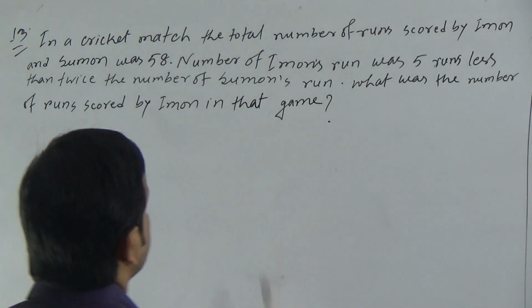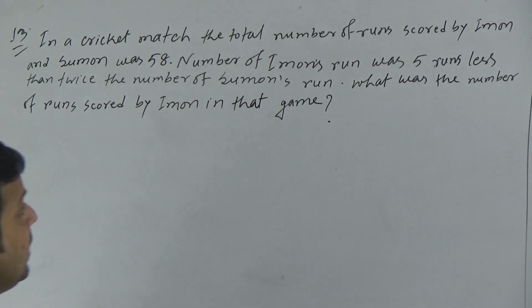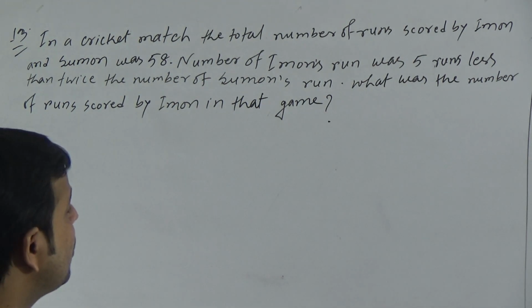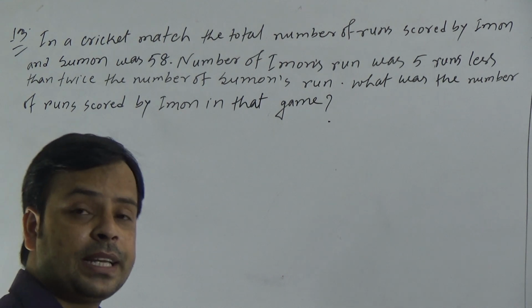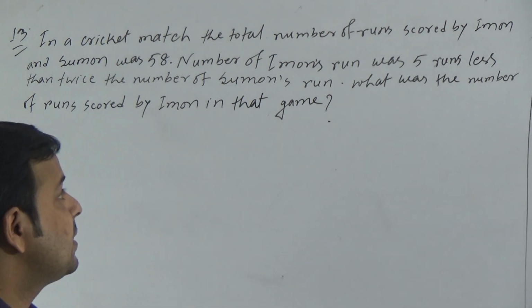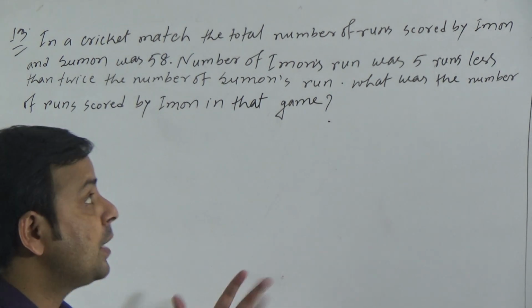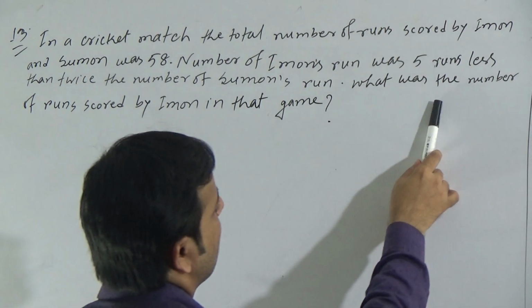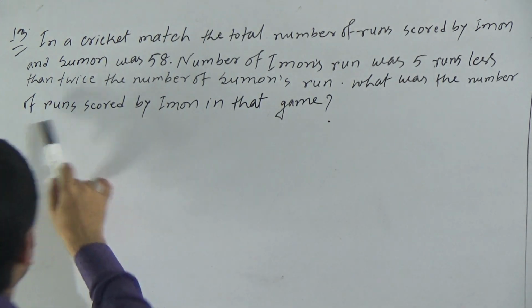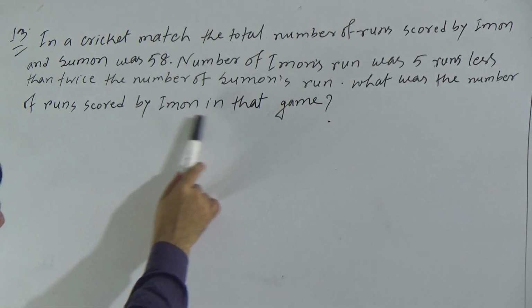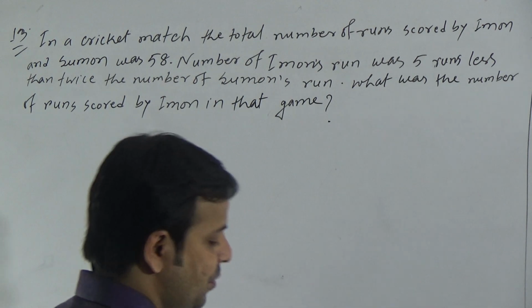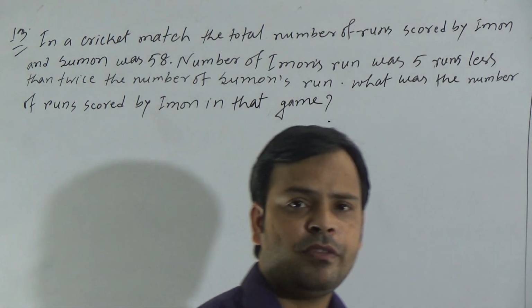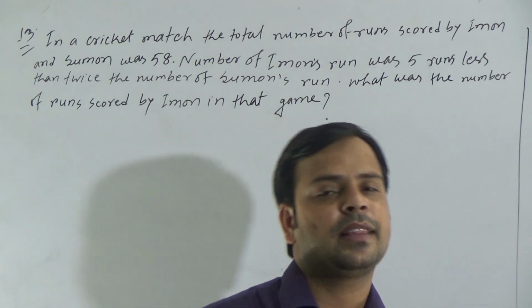It means that if we know the runs of Shumon, then we multiply that by 2 and subtract 5 from the product, we will get the runs of Imon. What was the number of runs scored by Imon in that game? We need to find the runs of Imon scored in that game.